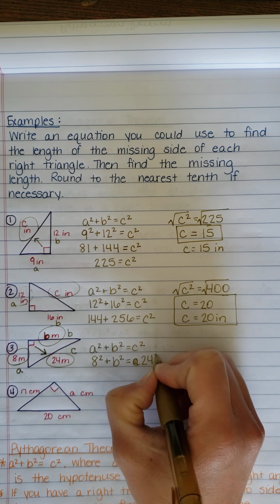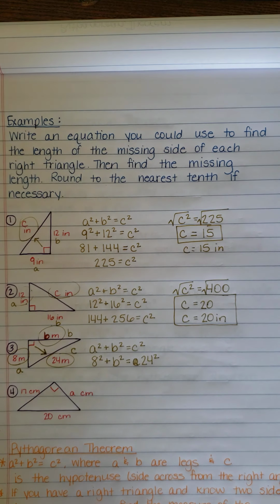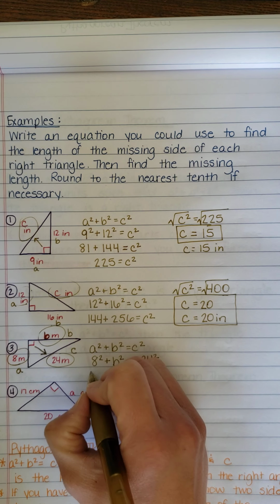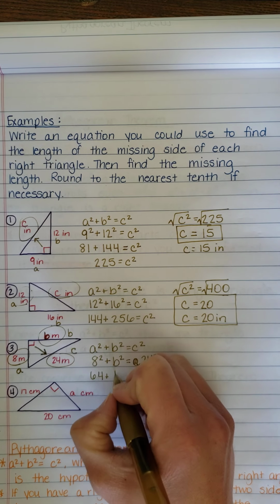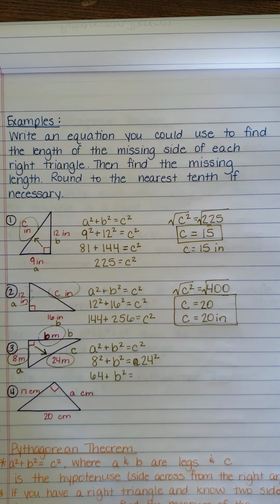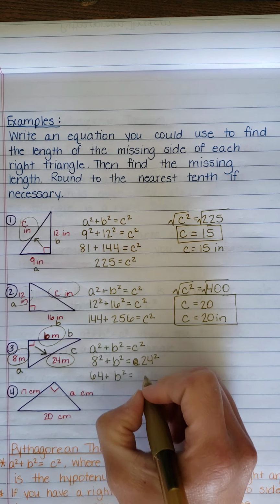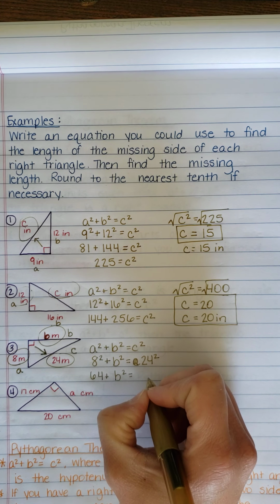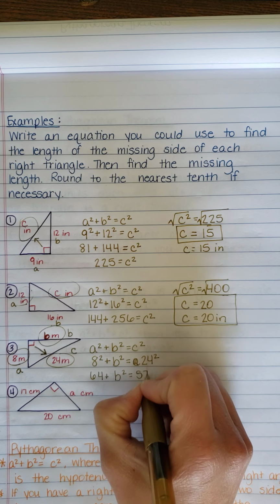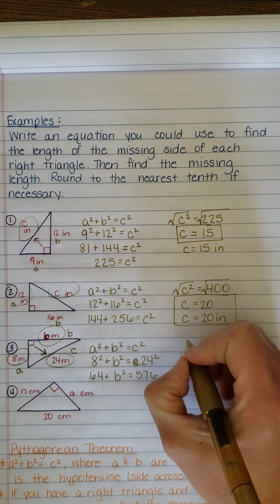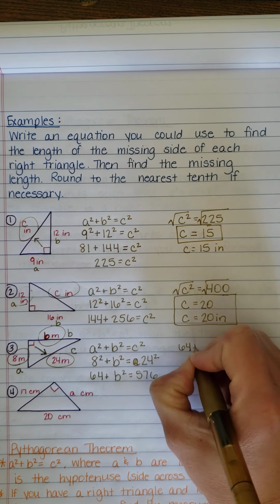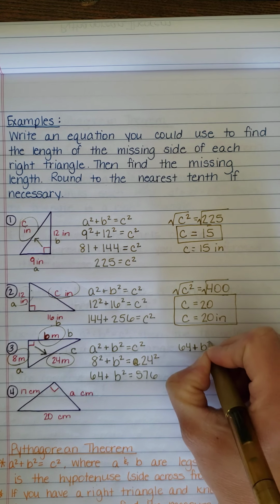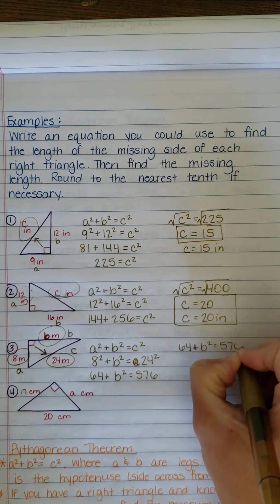Equals 24 squared. Okay, so we're going to fill in what we know. So 8 squared is 64. B squared is going to stay the same because we don't know what B is. And 24 squared is 576. Okay, so I have 64 plus B squared equals 576.